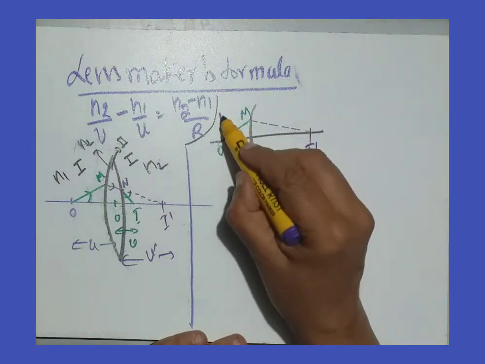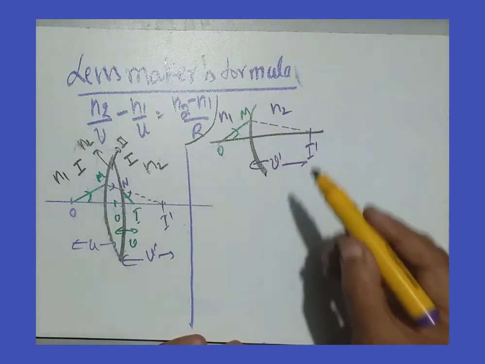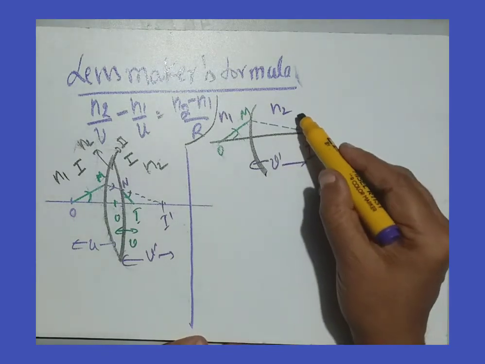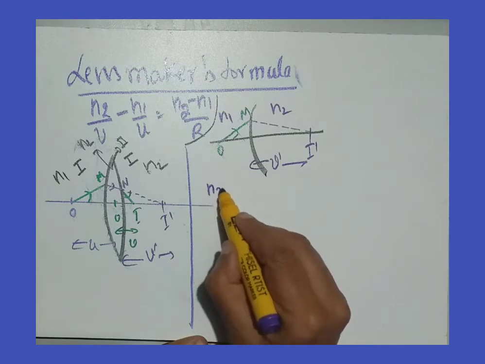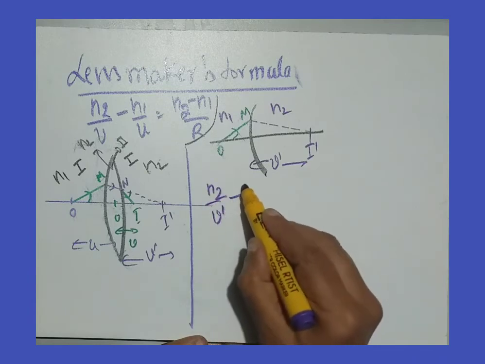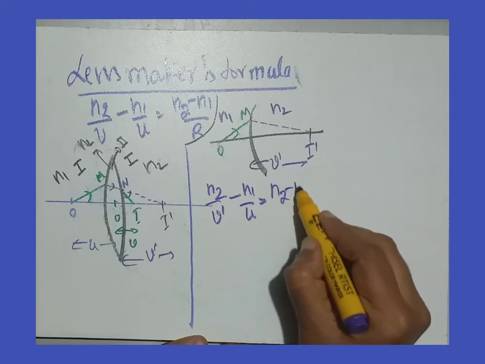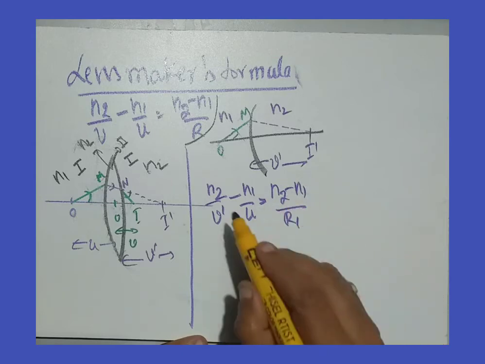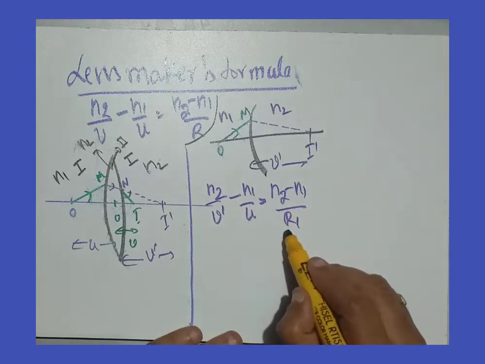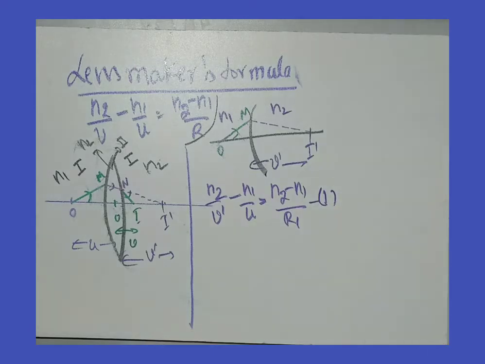Say left hand side is n1, right hand side is of medium of refractive index n2 there. So here image space is n2. Therefore I can write n2 by v dash minus n1 by u equals n2 minus n1 by r1. The first surface or left side surface radius of curvature is r1, and I call this as equation 1.